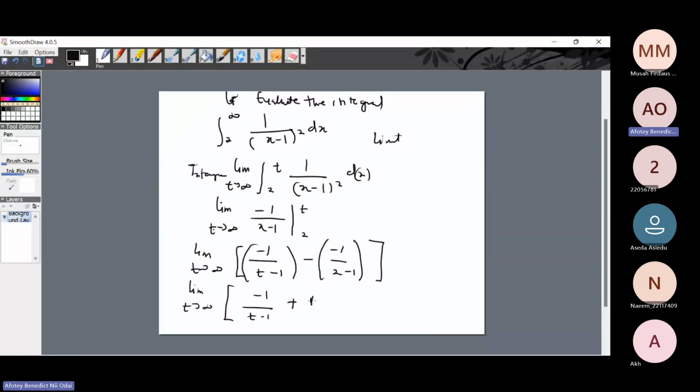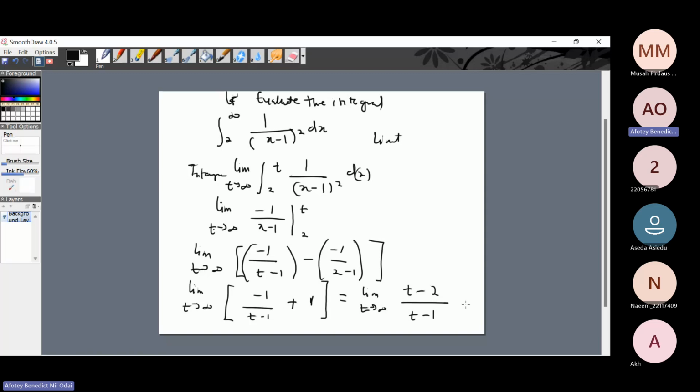So this is equal to the limit as t approaches infinity of t minus 2 on t minus 1. You can simplify this and confirm the answer.